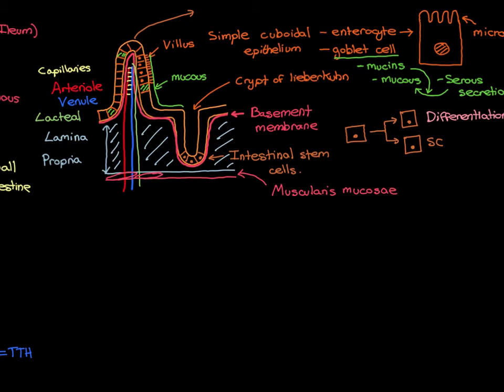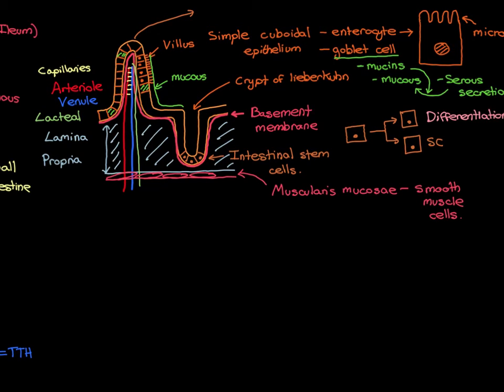So I'm drawing them in their classical spindle shape with the thick bellies and the thin edges. So these are smooth muscle cells, and it's really just a single layer thick, so it's not a thick layer of muscle at all.